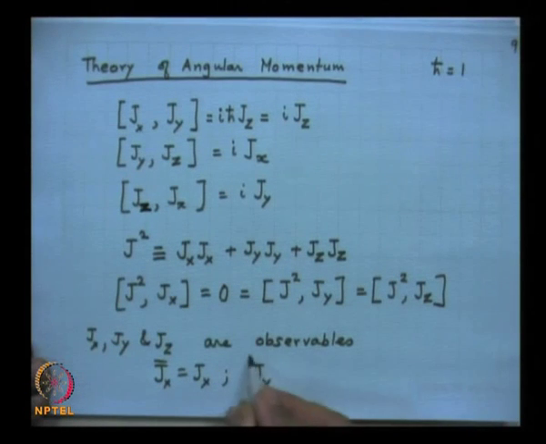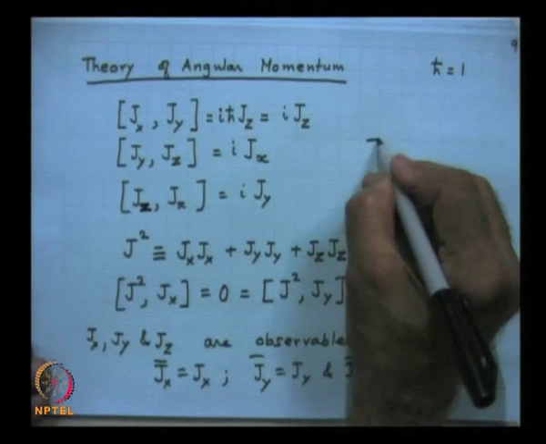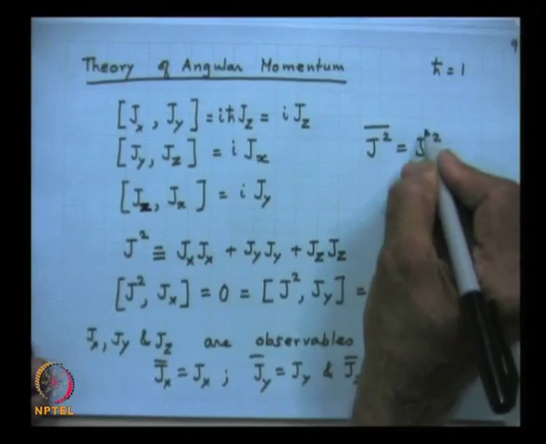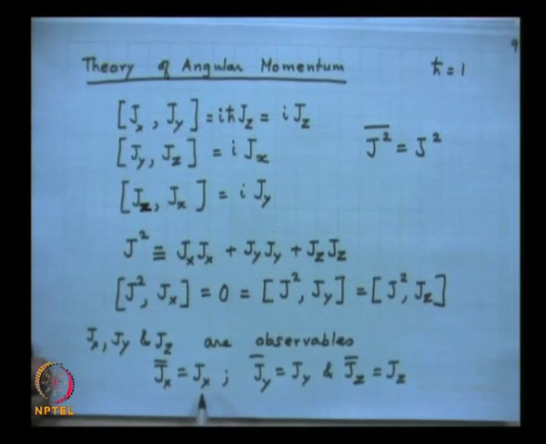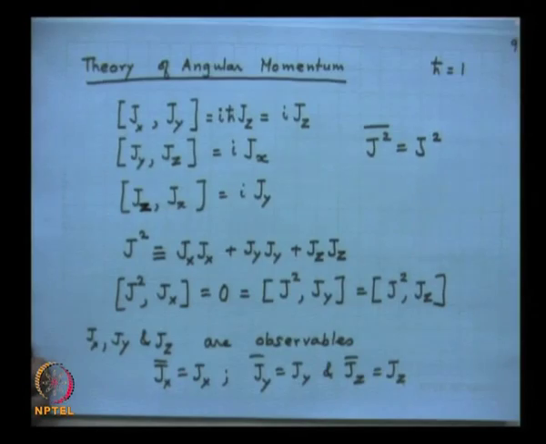J y bar is equal to J y and J z bar is equal to J z, and of course, J square bar is J square. So, J x, J y and J z and J square are real operators. So, we assume just what is written on this paper and nothing else.